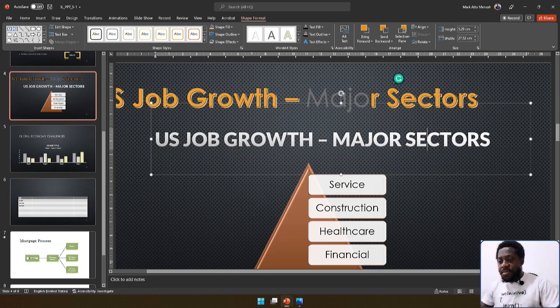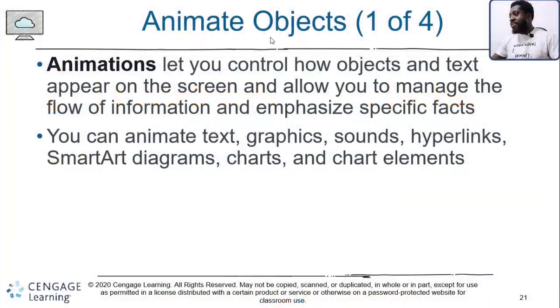Now you can also animate objects, how these objects should appear as and when you want them to display on your work. Animations actually let you control how objects and text appear on the screen and how you manage the flow of information and emphasize the facts. You can animate text, you can animate anything that is put under the umbrella of an object.